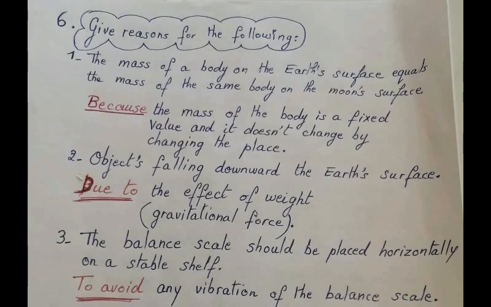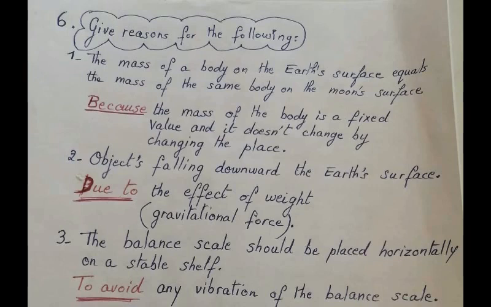The question says the mass of the body on the surface of the earth equals its mass on the surface of the moon. Yes, because we said mass doesn't change. So the answer will be because the mass of the body is a fixed value, and it doesn't change by changing the place.